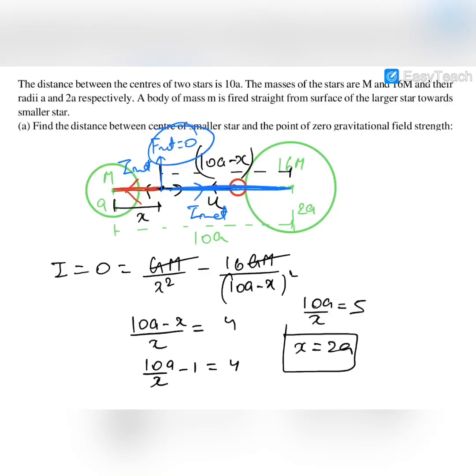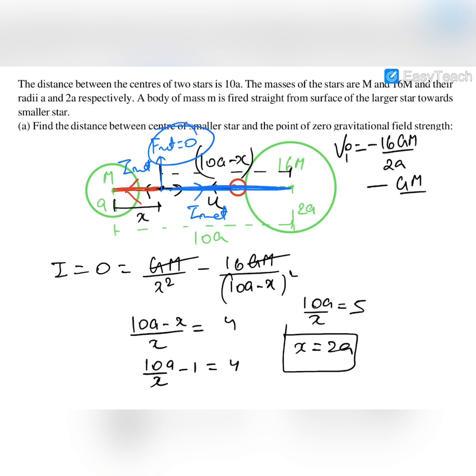So in this case we know that the initial gravitational potential at the surface of this star is minus 16 GM by 2a and minus GM by the distance from the center, which is 8a.